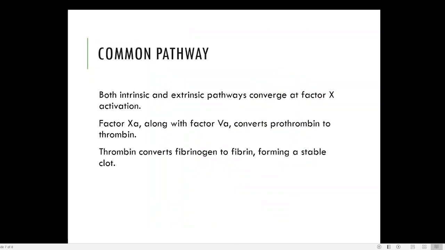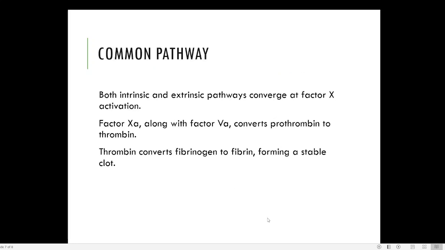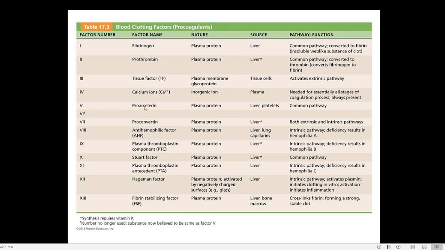So these are the 2 different types of pathway, and you can see that both pathways finally merge at the level of Stewart factor, converting prothrombin into thrombin and fibrinogen into fibrin, and that level is known by the name common pathway. Both intrinsic and extrinsic pathways converge at the level of factor X or factor 10. Then factor 10A, the activated form, along with factor 5A. What is 5A?